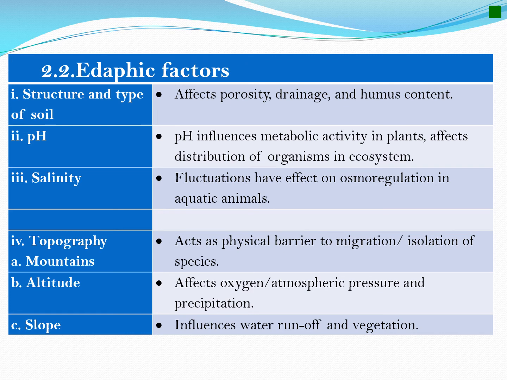Edaphic factors. These are factors related to the soil, like its structure and type, its pH, its salinity and topography. The structure and type of soil affects porosity, drainage and humus content. What is the porosity? The porosity refers to the presence of air spaces between soil particles.